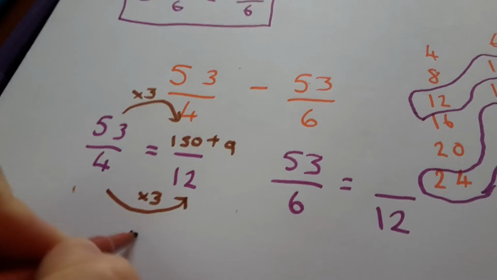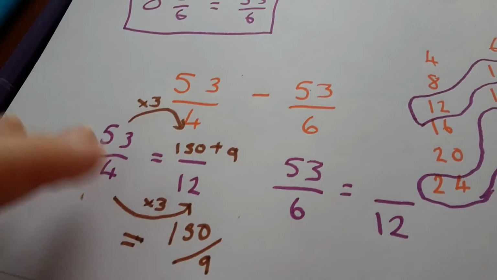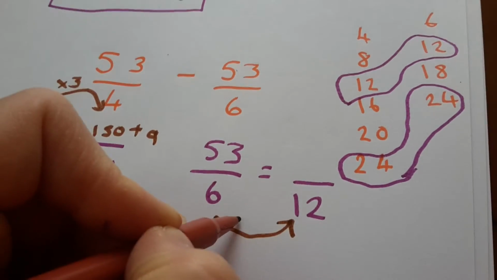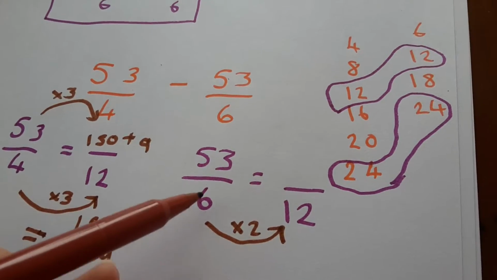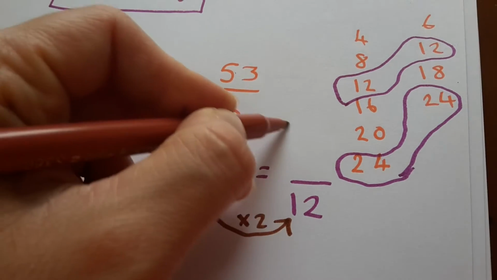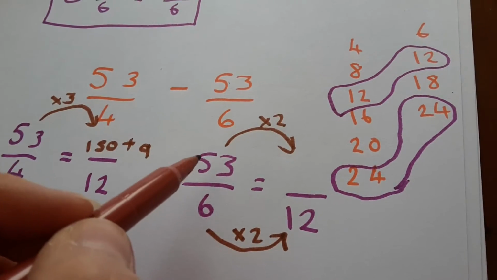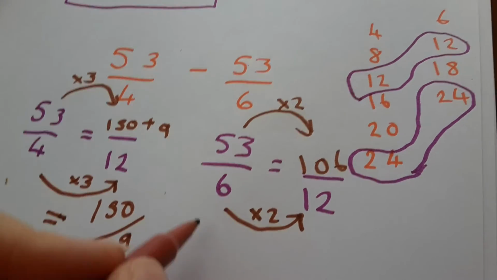So I know that my final answer is going to be 150 over 9. Then this one, I'm going to have to double. I'm going to have twice as many cuts to go from 6 to 12ths. So I'm going to have to double my numerator. So 2 lots of 53 is 106.